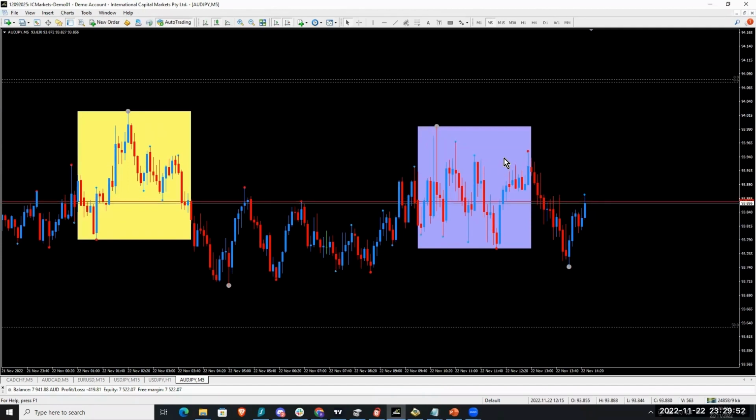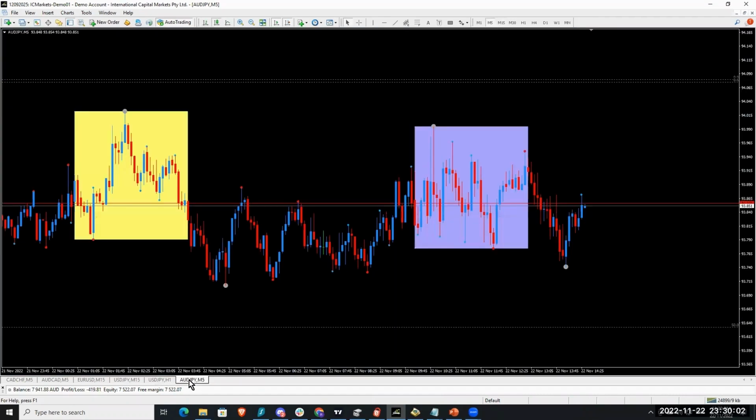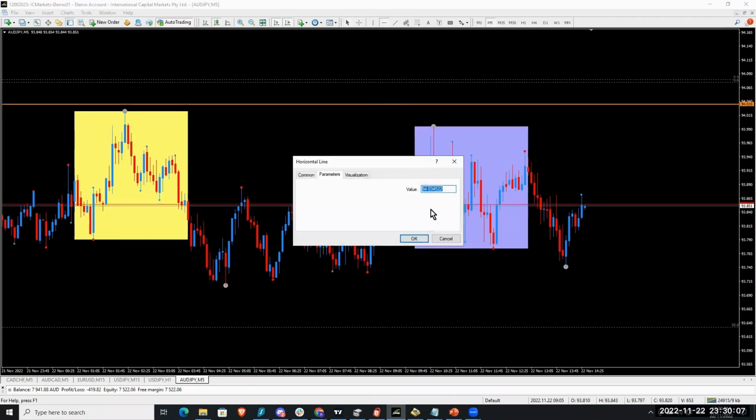And let's try to work out where it has actually drawn this zone. So for example, it says 93.764. So let's go back here. I will just simply draw this line, 93.064.